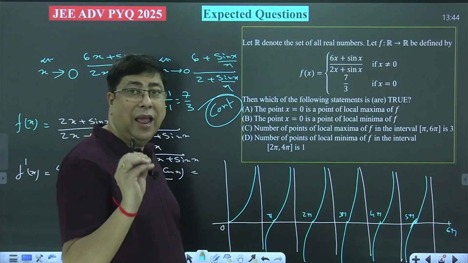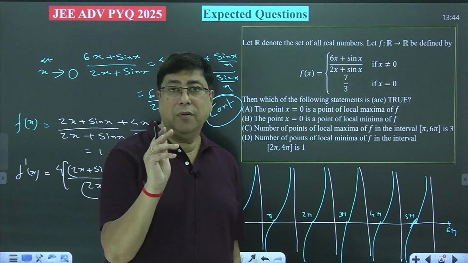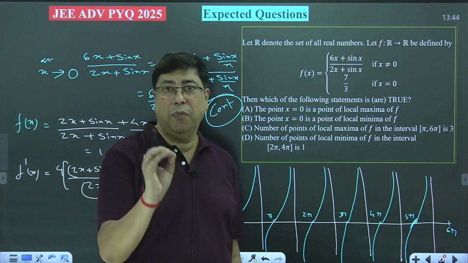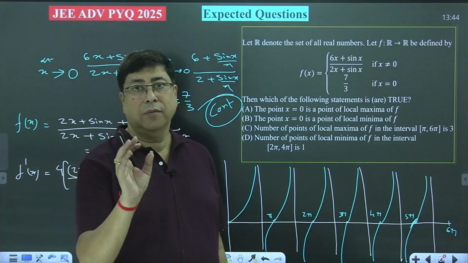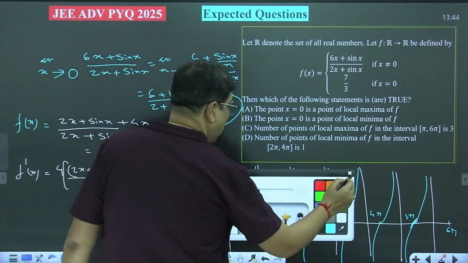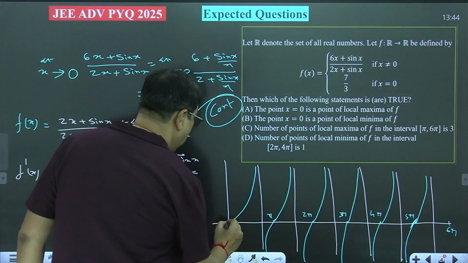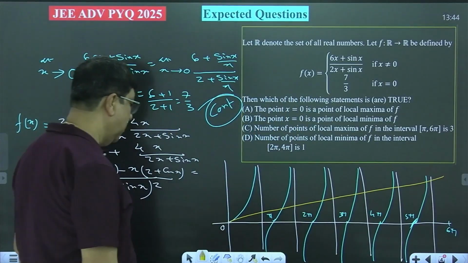Now, tan x equal to x, the number of intersection points will give you the number of solutions. That intersection point of tan x equal to x will give us the critical point. So I am drawing the y equal to x curve. If I draw the y equal to x curve, we get this line.